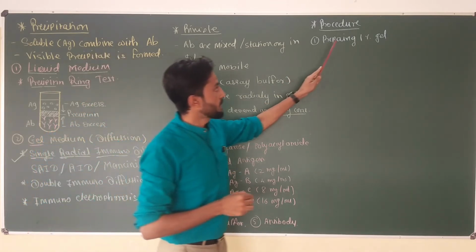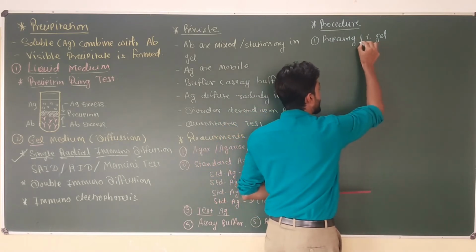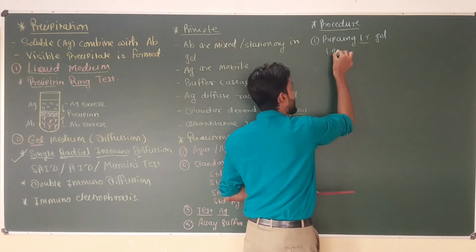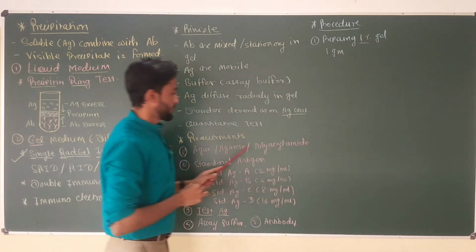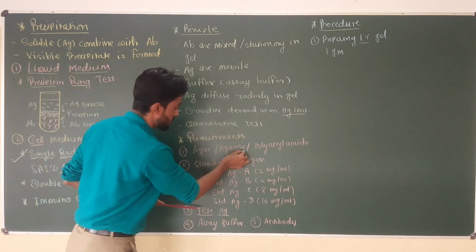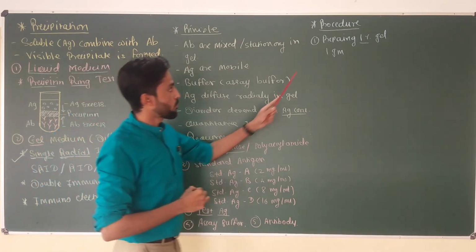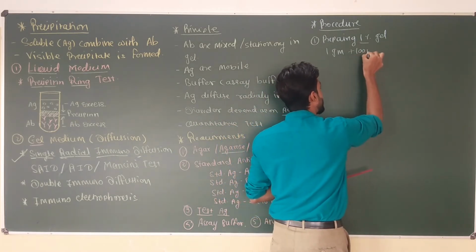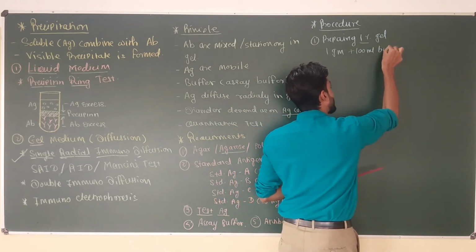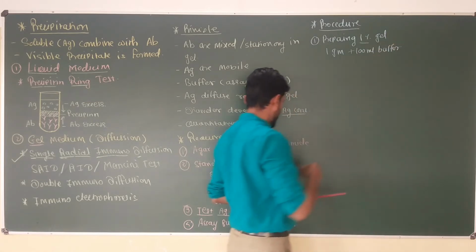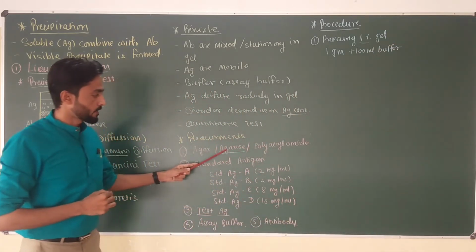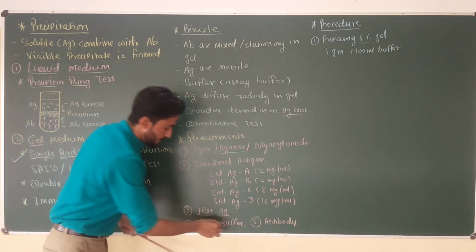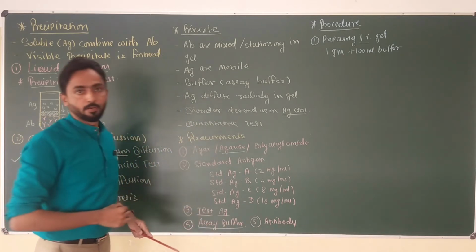For preparing 1% gel, generally we dissolve 1 gram of this powder. For example, with agarose, I am going to dissolve 1 gram of the powder in 100 ml buffer. So I'm going to weigh 1% agarose powder and dissolve it in 100 ml assay buffer.